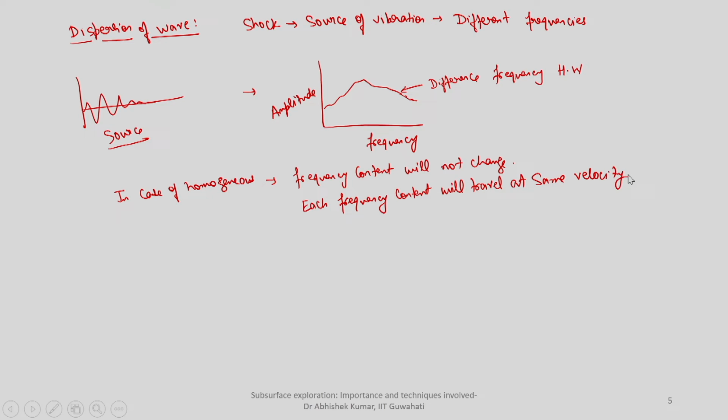So, when each frequency content travels at the same velocity between your source and a site, which may be at a certain distance away, if you put two receivers or two geophones which can detect, the kind of vibration you see at the source, the same thing you will receive at the site also, because the propagation velocity of each frequency content of the wave will remain the same.